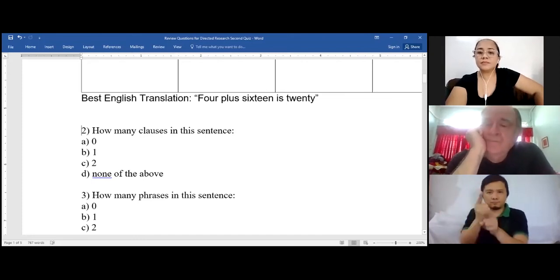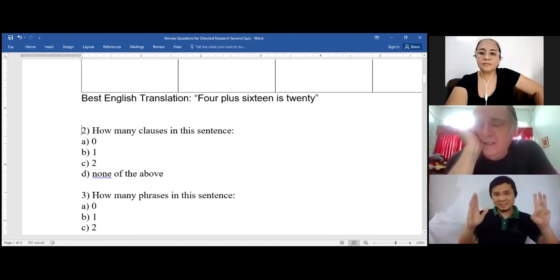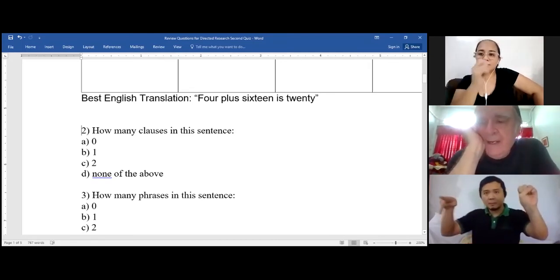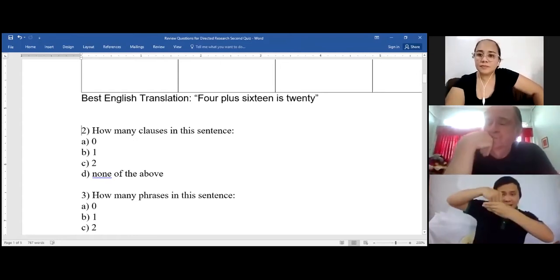Exactly. So the subject is a clause or a sentence, and that's embedded. It's put inside the whole sentence.